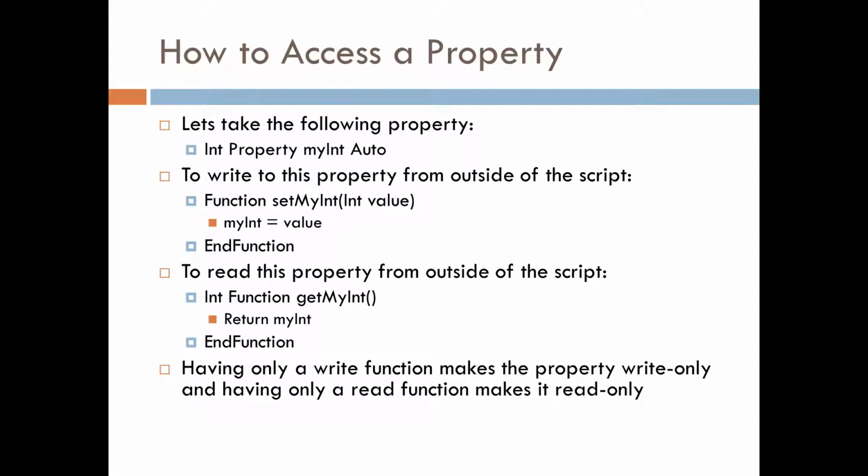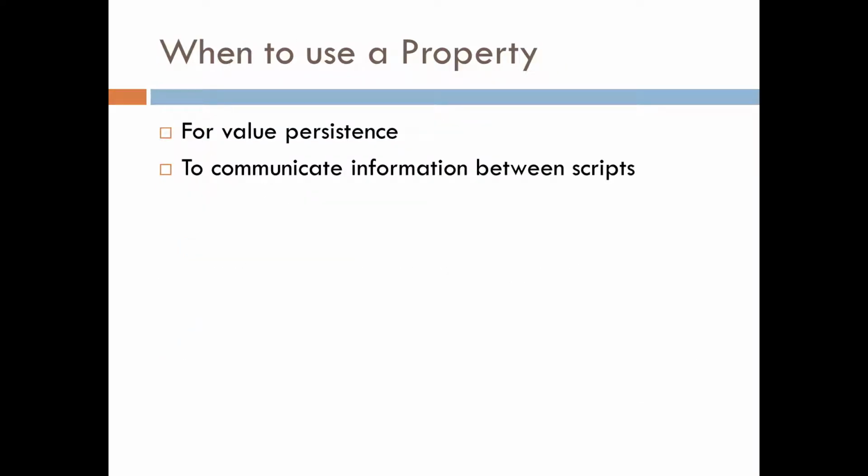And then if you have only the get function instead of the set one, it makes that a read-only property. Basically that means, oh hey, I can see what the value is, but I can never change that value. That might be more useful than changing the value in some cases. Some cases you want it the other way around. Some cases you want it to be both read and write. It just depends on what your script's doing there.